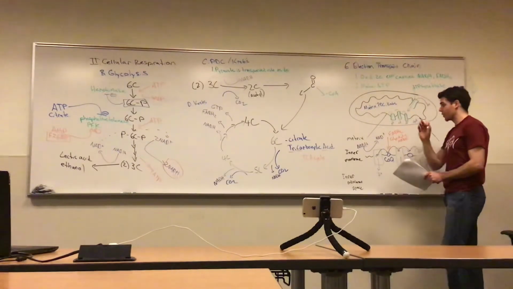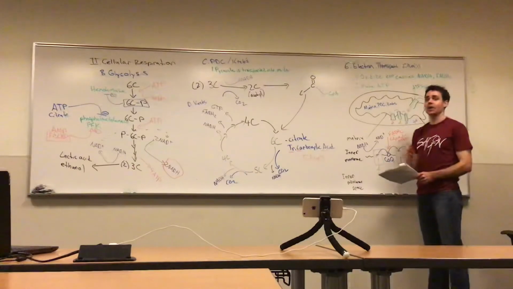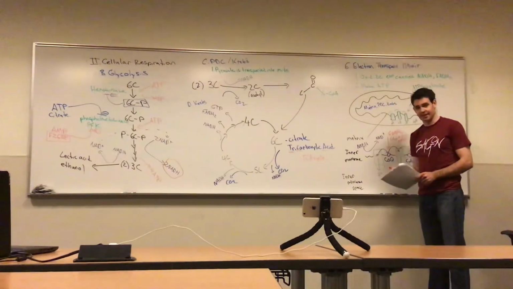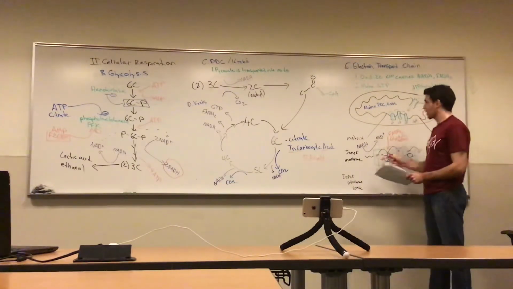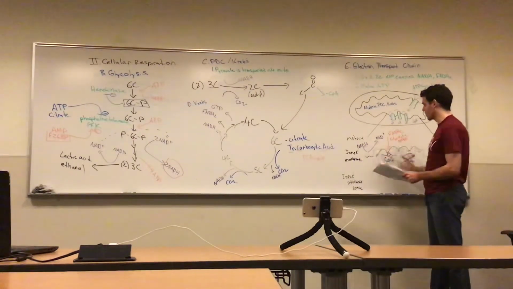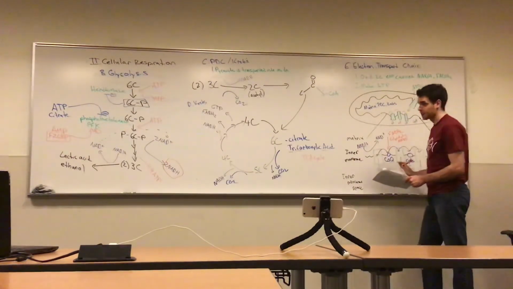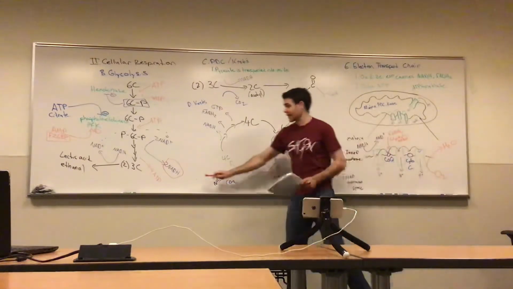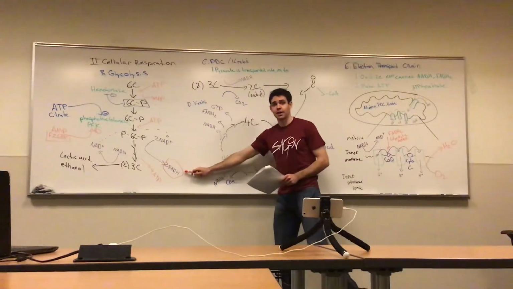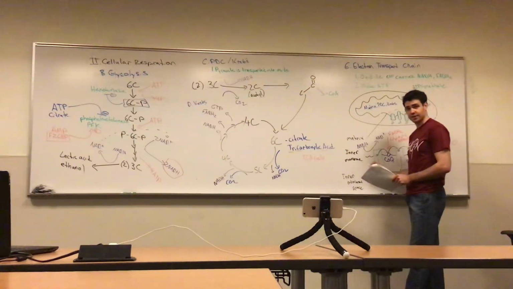Now, the real wrinkle is that prokaryotes don't have to do that. Because prokaryotes do this, not across an inner membrane in a mitochondria, but across their plasma membrane, this glycolytic NADH in prokaryotes can be dropped off here at NADH dehydrogenase.